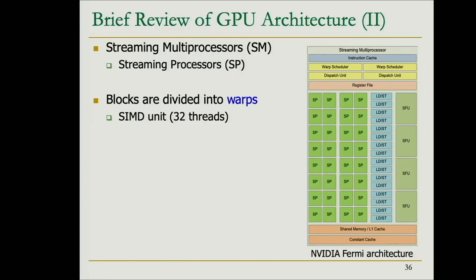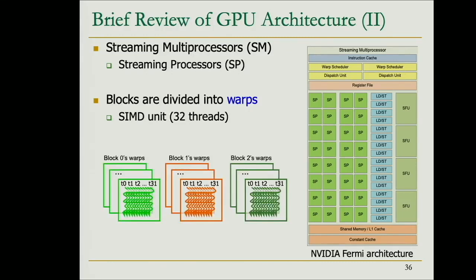Recall that thread blocks are mapped onto the GPU cores or streaming multiprocessors, and there they are divided into warps of 32 threads. Whenever the warp scheduler fetches a new instruction, it's going to fetch an instruction that can actually be executed. There are no dependencies. If for whatever reason we need to wait until the previous instruction finishes to have a partial result as an input operand of the next instruction to fetch, this instruction won't be eligible.